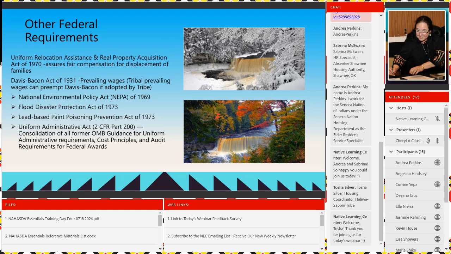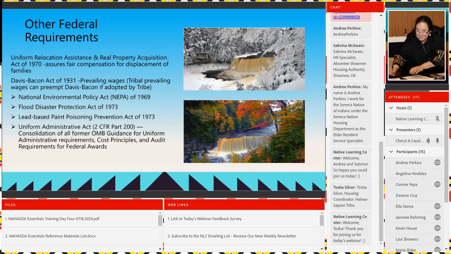We have to make sure that we're following NEPA, your environmental requirements. If you're in a floodplain, the Flood Disaster Protection Act of 1973, the Lead-Based Paint Poisoning Prevention Act of 1973, so if your units were built before 78, and the Uniform Administrative Act.